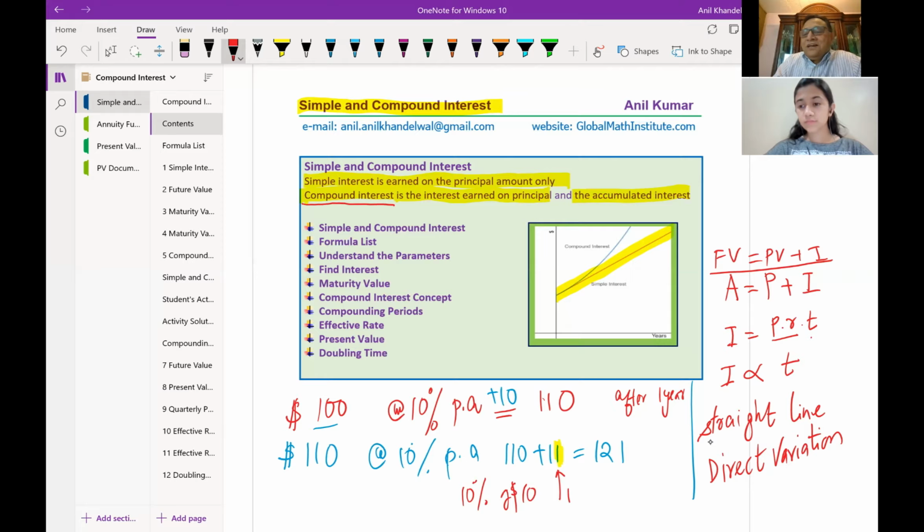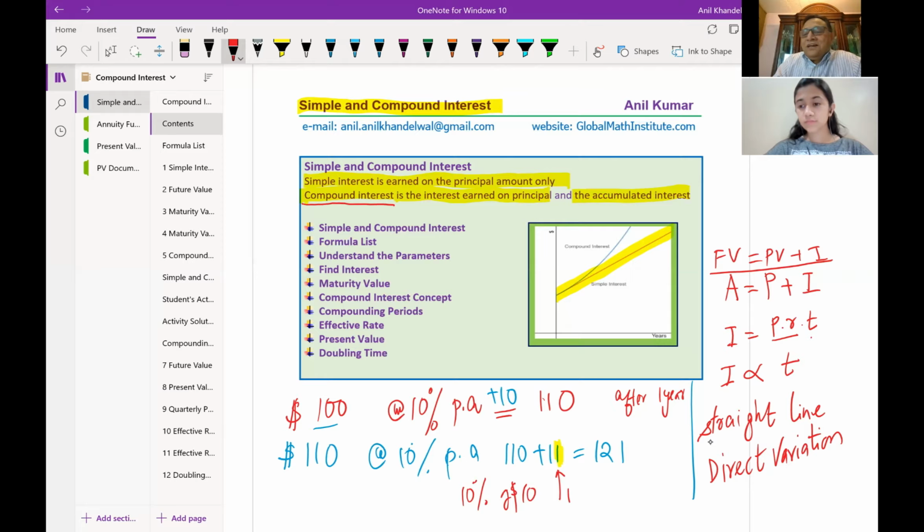And we also saw it is kind of a line which is shown here as a red line because every year the growth of money is fixed and that is the interest you earn, right? And so we derived a very simple formula that the future value or the amount which you get is principal plus the interest, right?